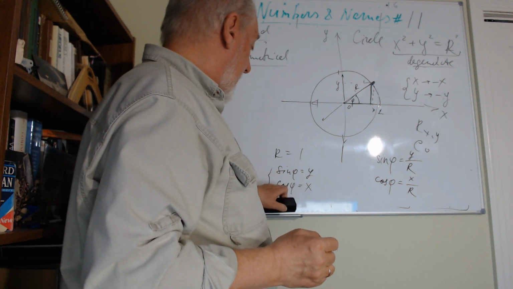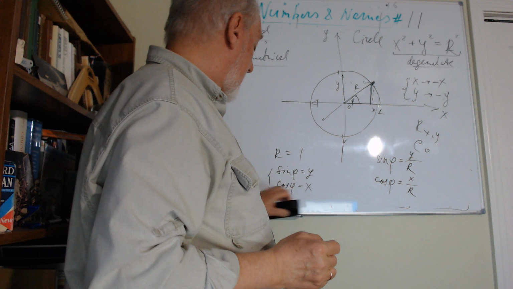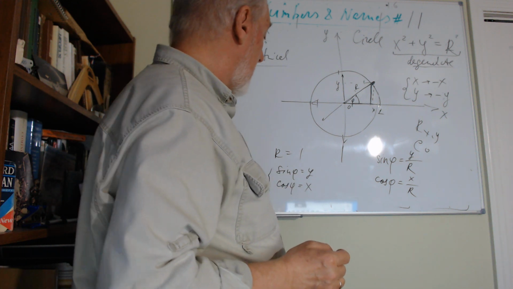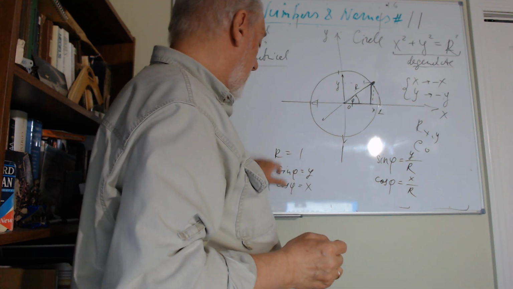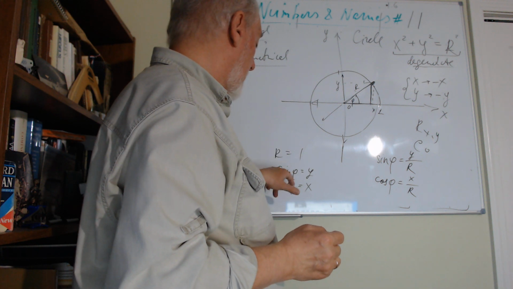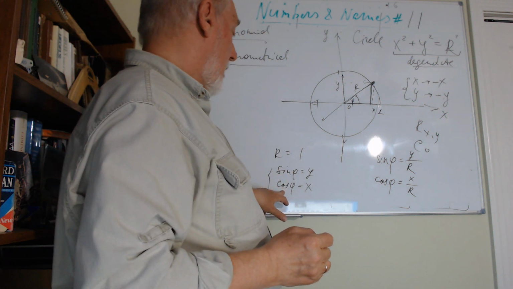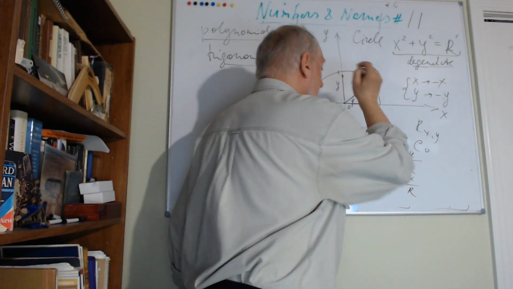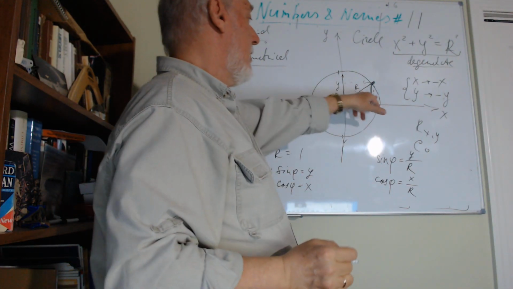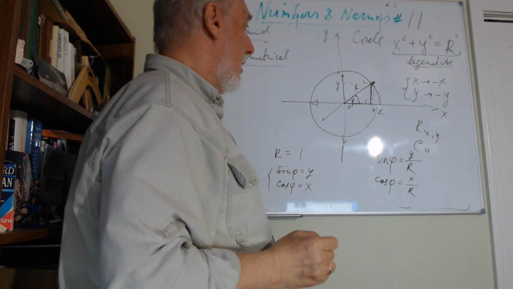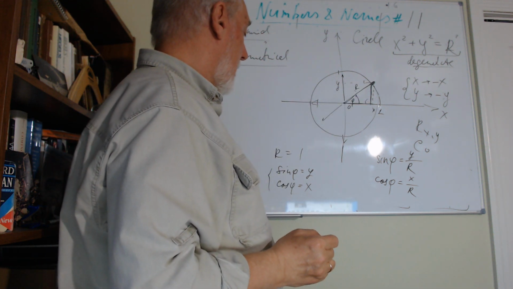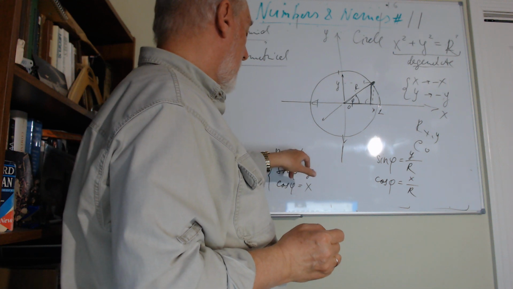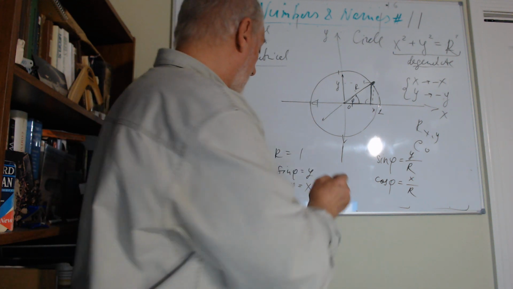Now, if we have sine phi and cosine phi, y and x, we can easily see an interesting relation between sine and cosine. This is a right triangle, those are legs, and this is the hypotenuse, and the radius is 1.